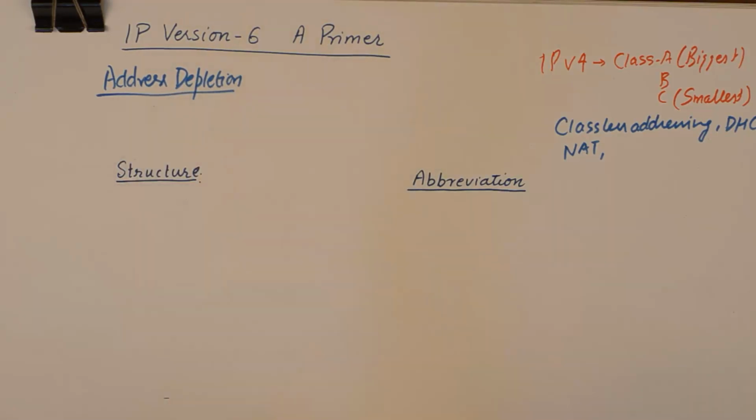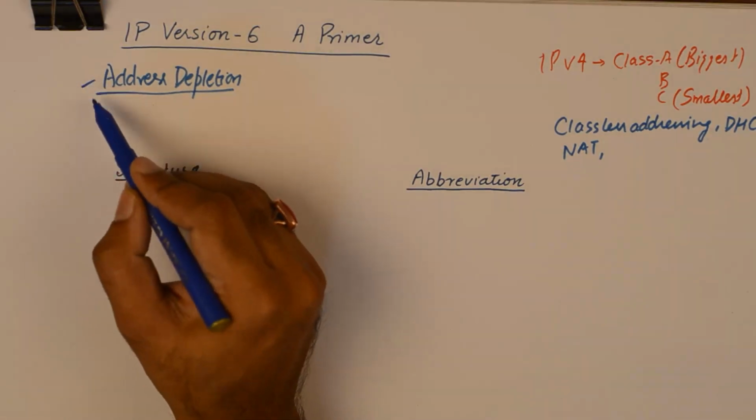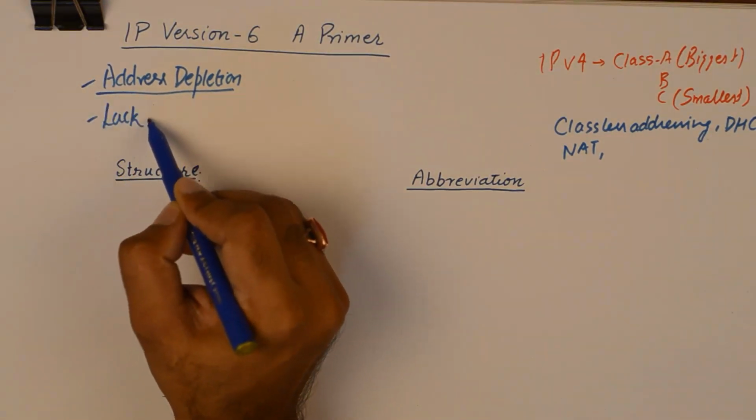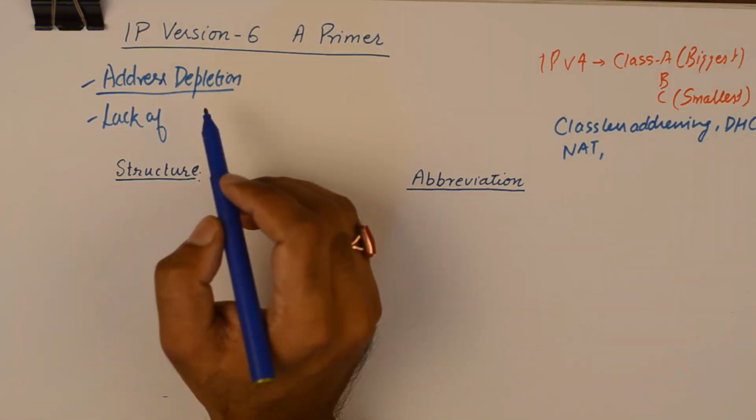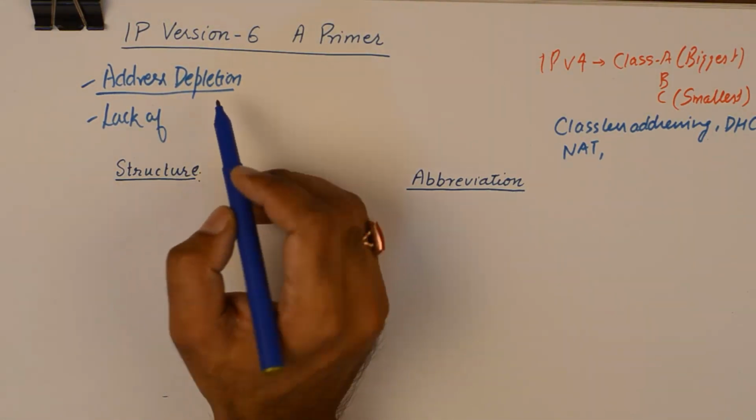I'm writing down the key points here that you could discuss in technical discussions or in interviews. So the problem of address depletion still persisted on the internet, and there were other problems like lack of accommodation for real-time audio and video transmission.